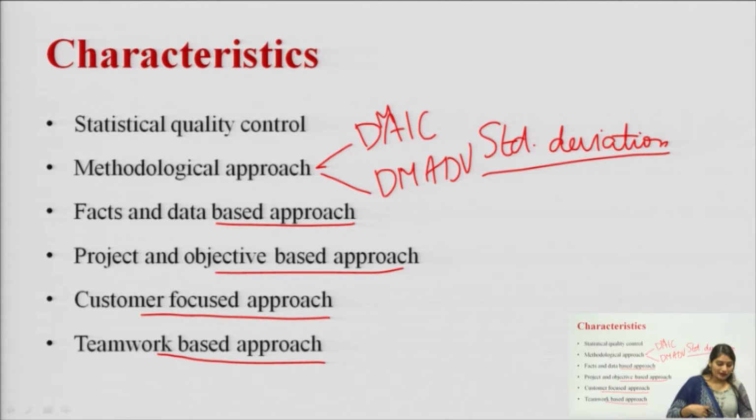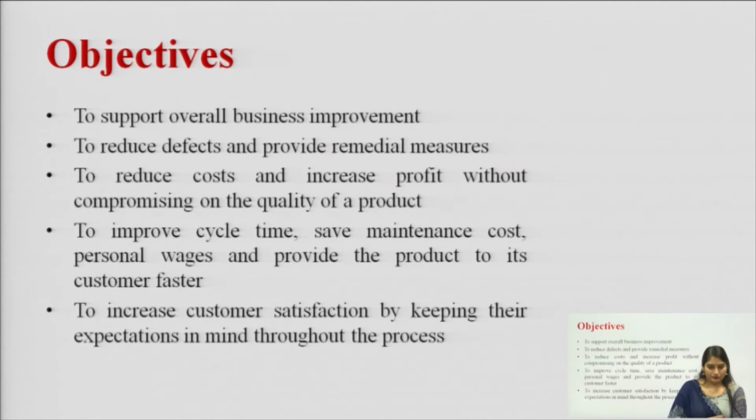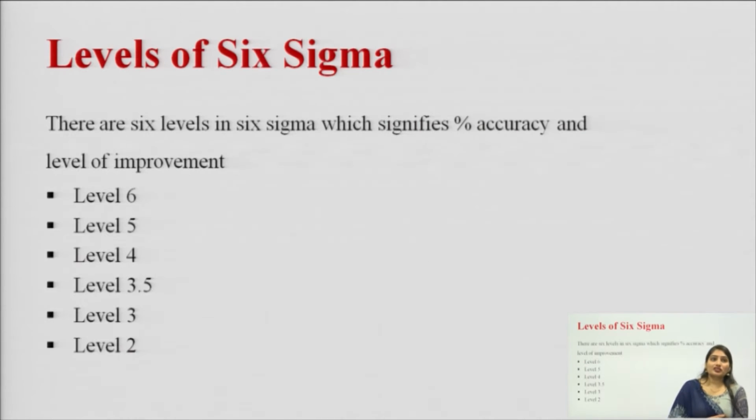Okay. So, first characteristic is statistical quality control, that is it includes certain statistical tools, statistical software or designs to control or to measure the quality of the product or to measure the variations in the quality of the product. Next is methodological approach.